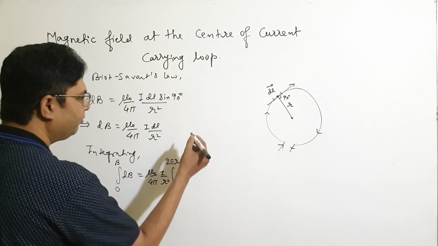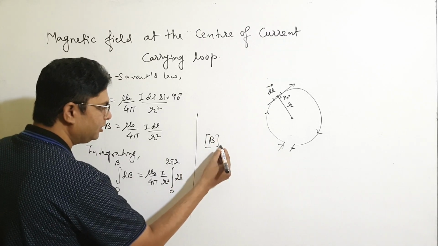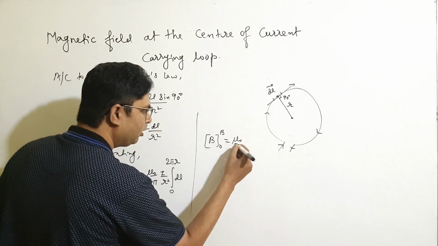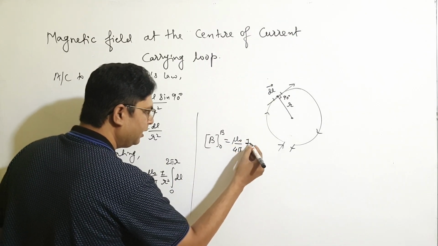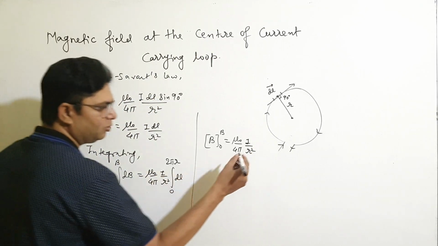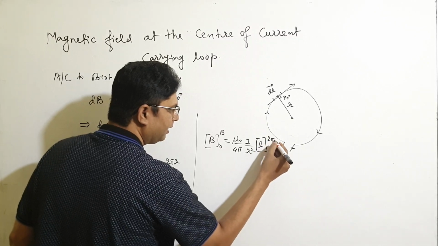So you have here B, give a bracket here, write here 0 to B. On the RHS side mu naught upon 4 pi I upon r square, and here the integration of dl is l, give a bracket, write 0 to 2 pi r.